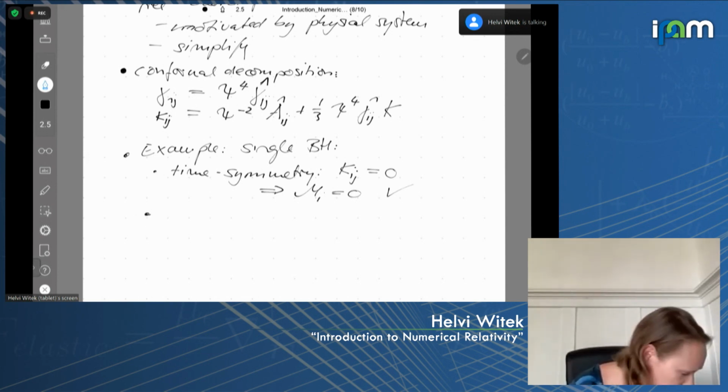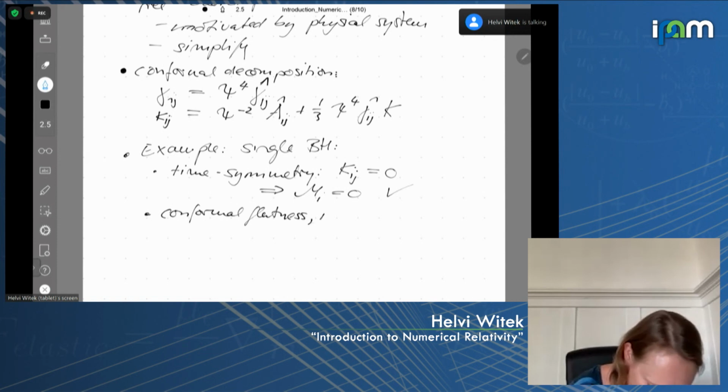Then we will assume conformal flatness. That is, our conformal metric, gamma ij hat, will just be the flat metric.